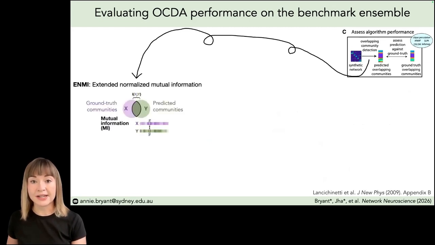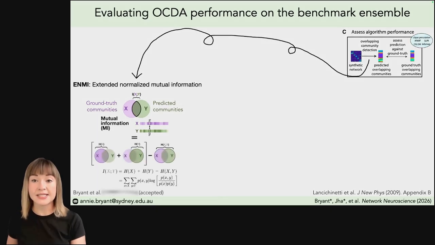The core building block of this measure is mutual information, which is a symmetric measure of the average information that the value of one distribution, X, which here represents the ground truth community structure, provides about another, Y, which here represents the algorithm predicted communities, and vice versa. Mathematically, it's defined as the difference between the sum of the marginal entropies of X and Y minus the joint entropy of the two distributions together.